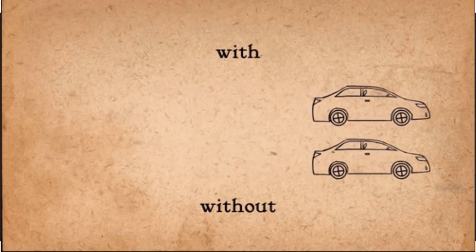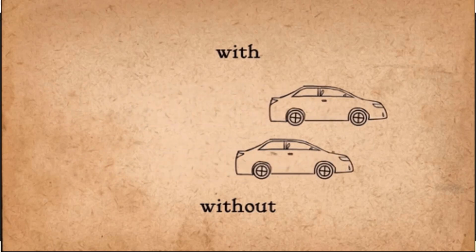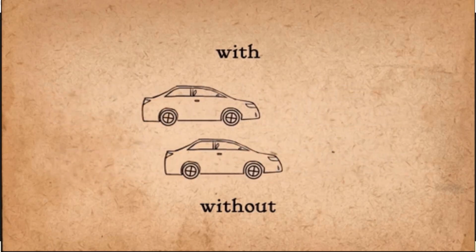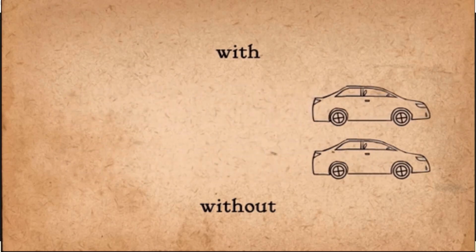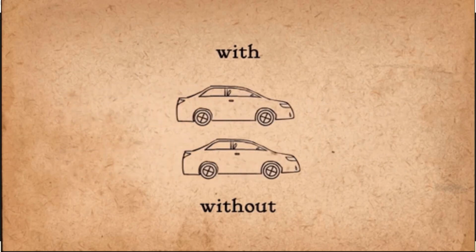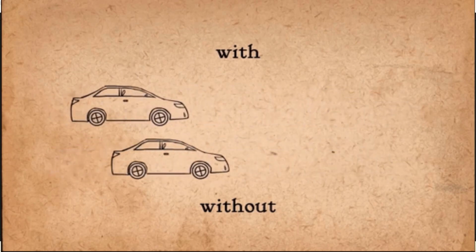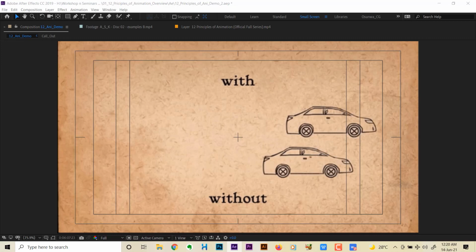Then when it eases in, it is easing into rest. That is, it has started a particular motion, then it's now easing into rest. That's very crucial for you to understand, because when we start going into animation, all of this information comes to bear.